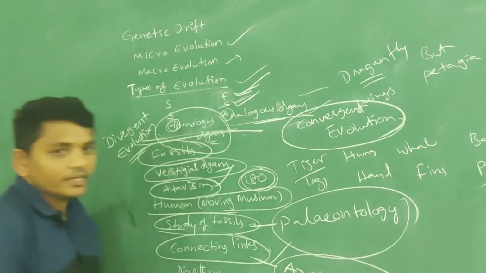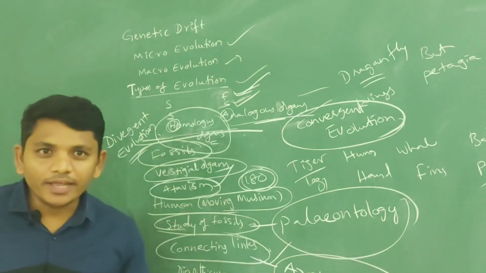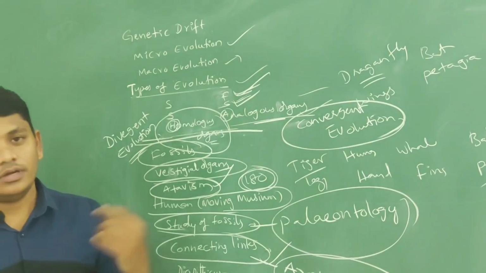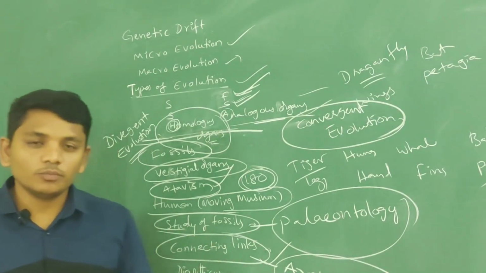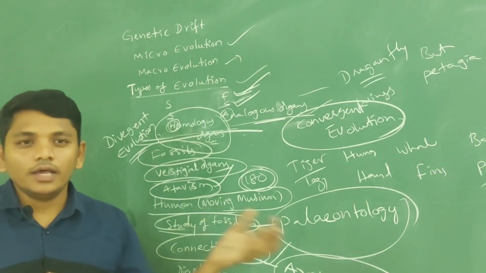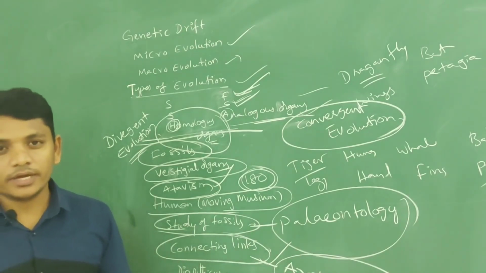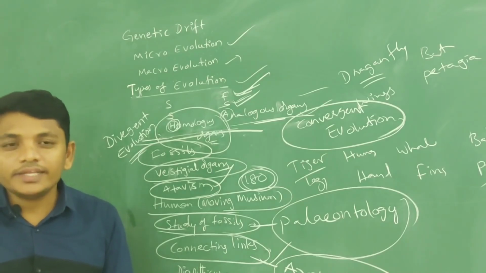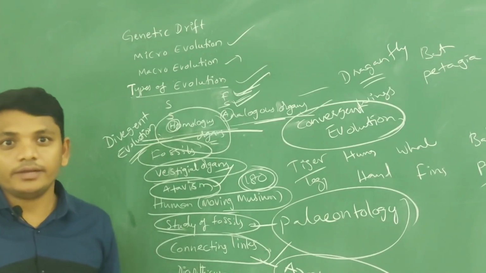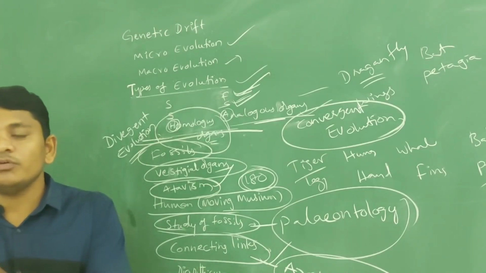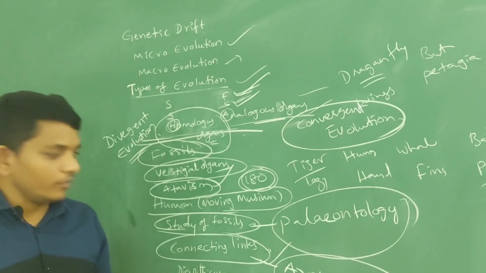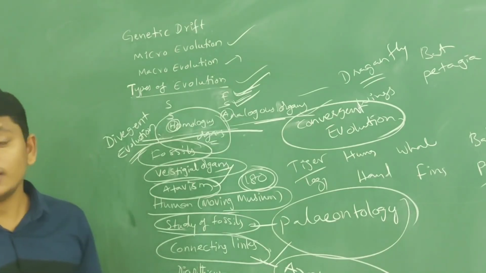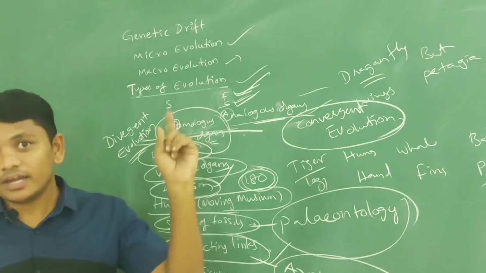Archaeopteryx is a connecting link which looks like a reptile and also a bird. It contains reptile characters and bird characters. In the evolution process, it did not lose its reptile characters, and it developed into a bird. With this type of example, we can easily say that evolution has occurred.